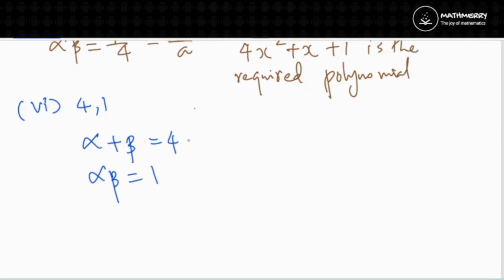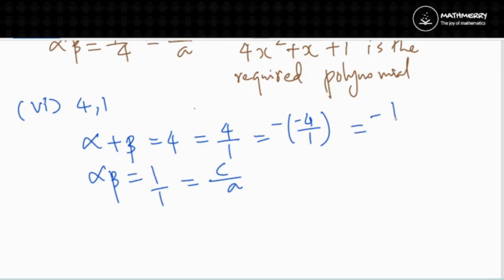So we can write this 4 as minus of minus 4 by 1. We can write the 1 as 1 by 1. So this will be equal to c by a, and this will be equal to minus b by a. So a is equal to 1, b is equal to minus 4, and c is equal to 1.